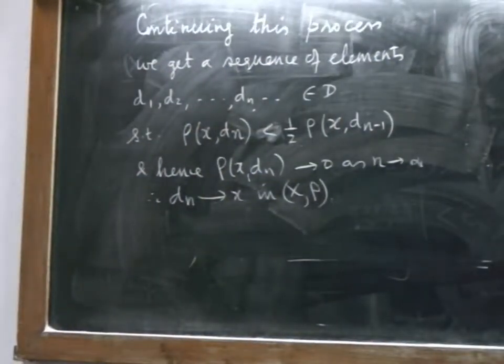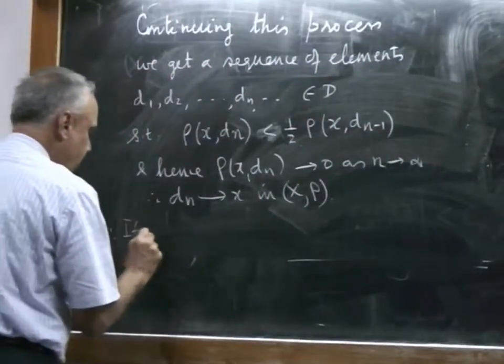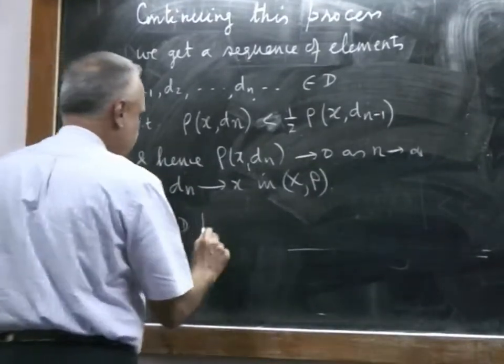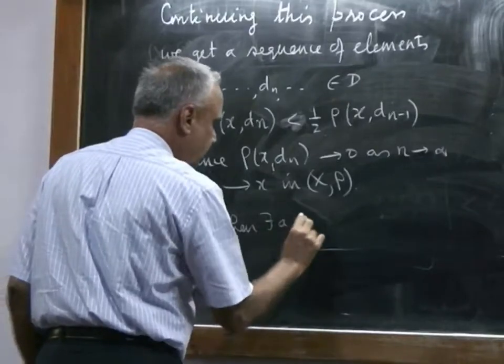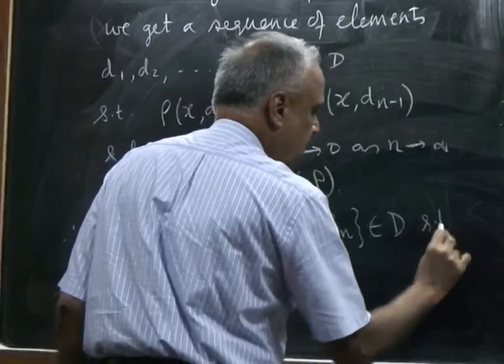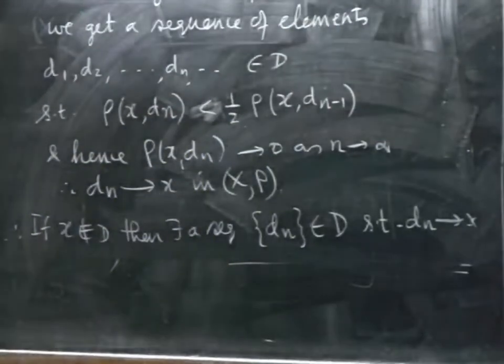Therefore, every element which is not in D can be approximated by a sequence of elements in D which converge to it. Okay. So therefore, if x is not in D, then there exists a sequence dn belonging to D such that dn converges to x in the metric space.